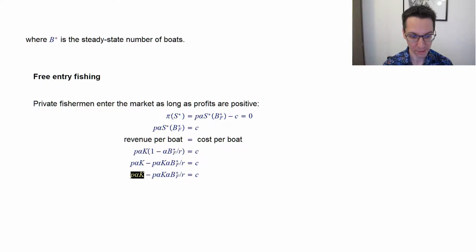So let's multiply by -1 and subtract this on each side. So we get this minus C. And now let's just divide and multiply by everything to get B F here. So just to see what's going to happen.